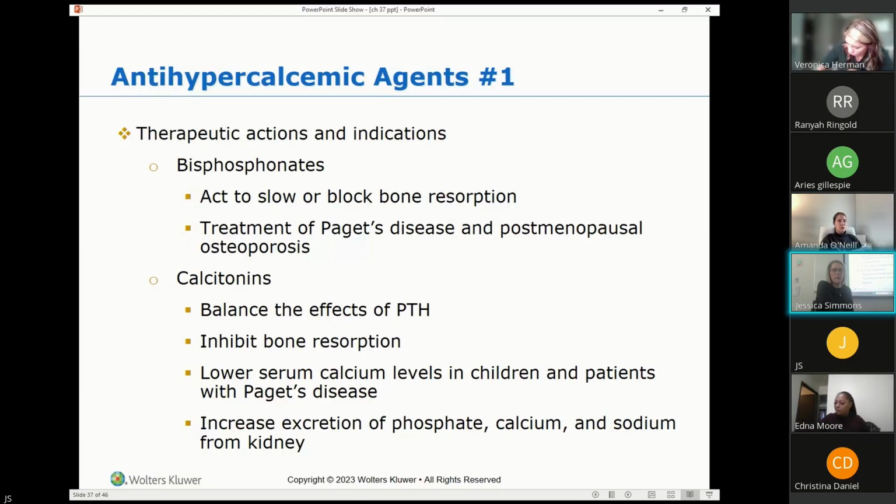Onset of action is slow and duration is days to weeks. And then calcitonins, they have good bioavailability after injections. Both of these, I believe, are injections metabolized in body tissues to inactive fragments that are excreted by the kidney. They do cross the placenta, and it's unknown if it's excreted in human milk.